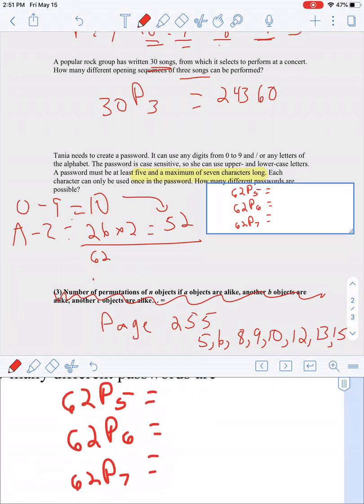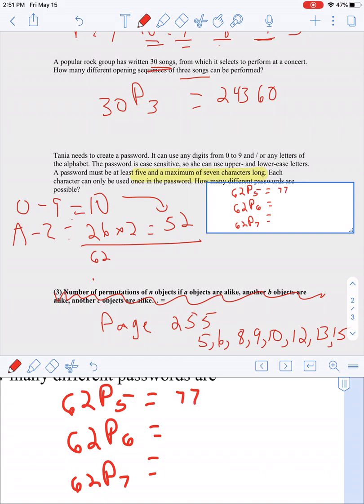So these are going to be big numbers. 776,520,240. And as you're going, you can add them together. Plus, I would recommend doing that. Let's see here, 62p6.